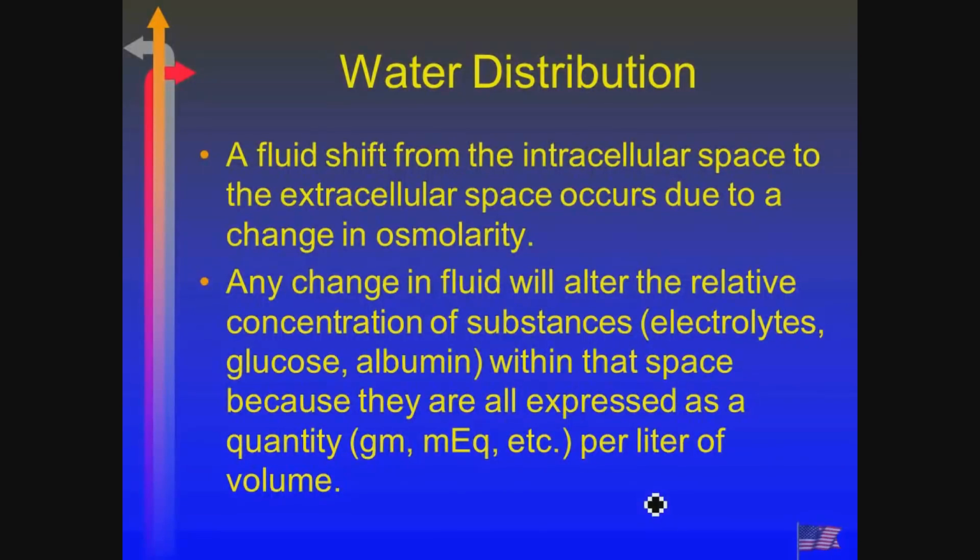Additionally, when we have fluid movement out of the vascular space and into the interstitial space, when water leaves, you also have a change in electrolyte concentration, because concentration is always related to how much volume you have. What are the units for sodium? When you look at a lab slip, what does it say for sodium?